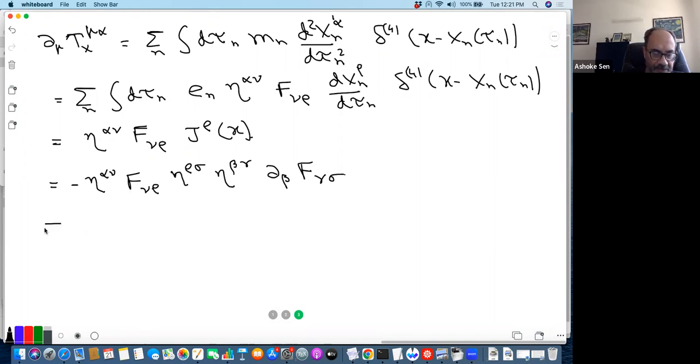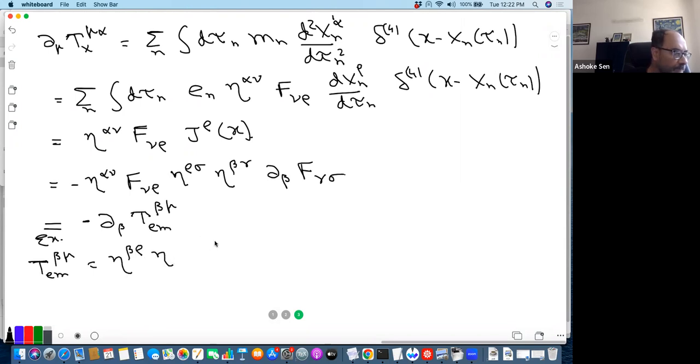And now I leave it as an exercise to check that this can be written as minus, and I'll define what this T_EM^{beta mu} is.